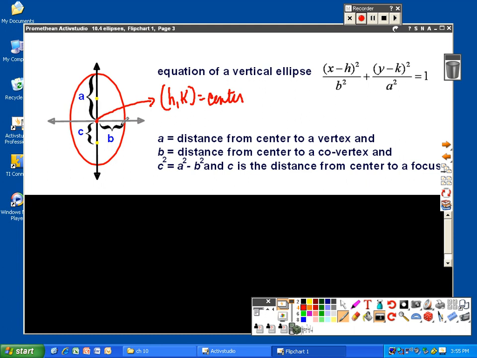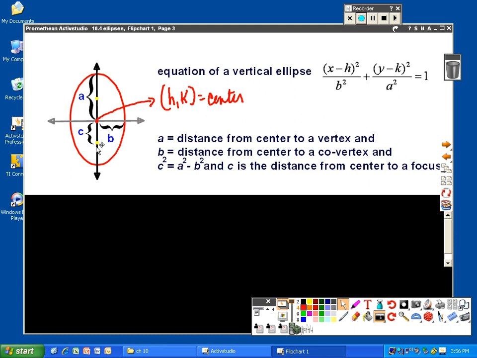And since I add when I am forming my ellipse, the sum of the focal radii, to find the focus, I will subtract the squares: a squared minus b squared should equal c squared, where c is the distance from the center to the focus.